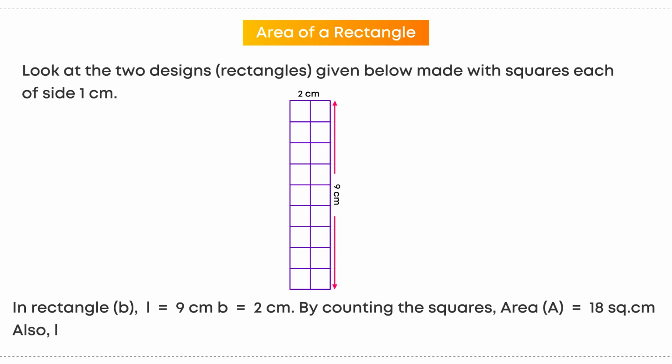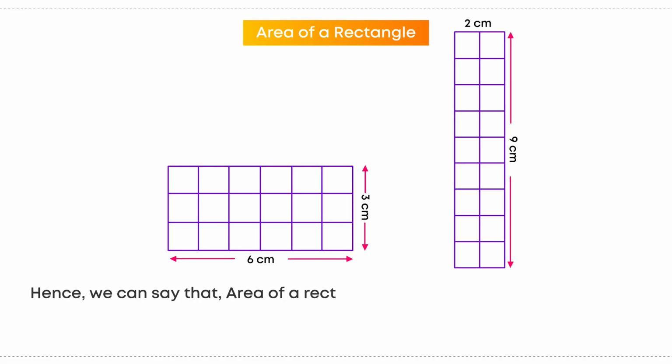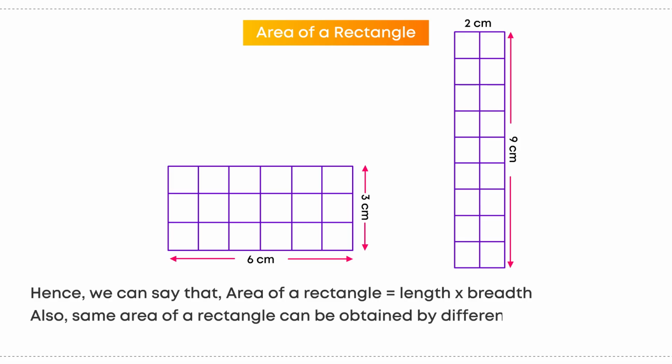Also, length into breadth is equal to 9 centimeters into 2 centimeters, is equal to 18 sq cm. Hence, we can say that area of a rectangle is equal to length into breadth. Also, the same area of a rectangle can be obtained by different combinations of its length and breadth.